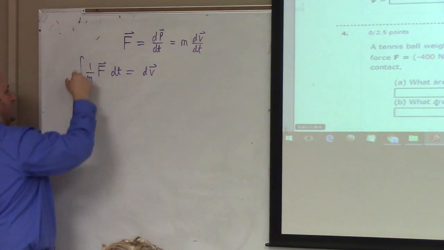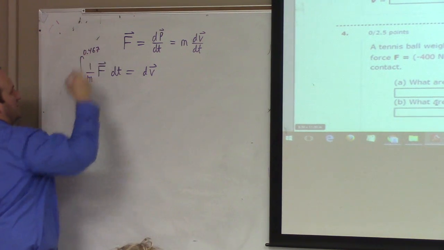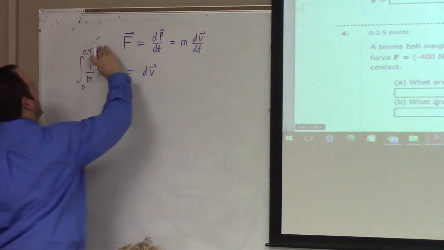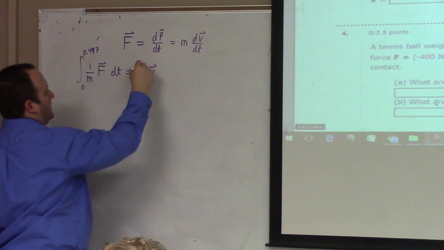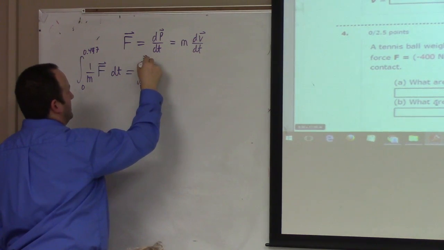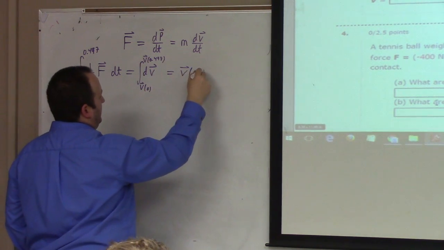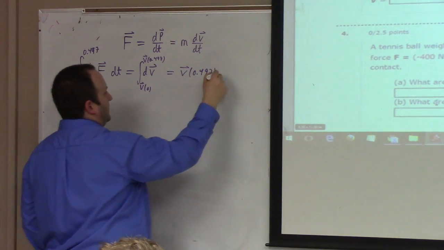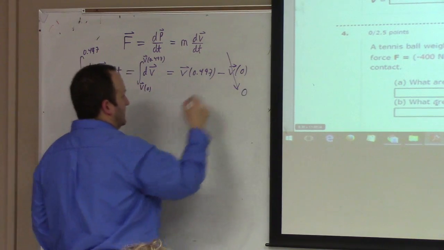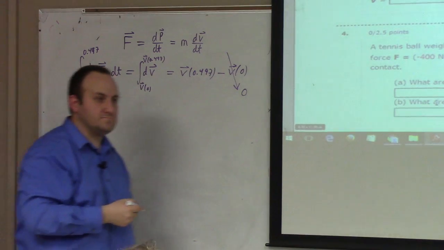If I integrate this from time 0 to time 0.497, and the velocity from time 0 to the velocity we're interested in, then I have the velocity at 0.497 seconds minus the velocity at time 0, which is given to be 0. So this integral will give me the answer.